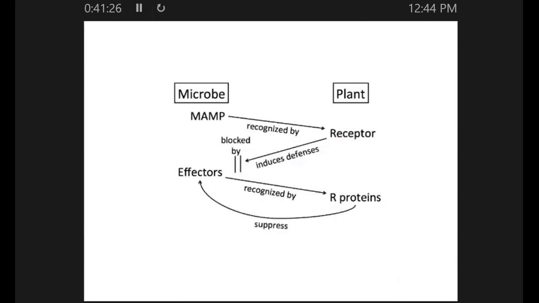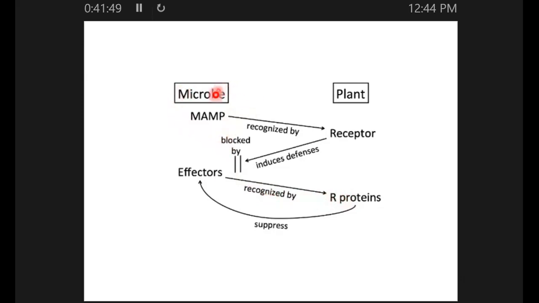This isn't from your book, but I thought I'd put it in there anyways. It kind of gets at the same idea. So if this sketch makes sense to your brain, go ahead and use it. But it's basically saying what we just talked about from the previous picture, where you're looking at the effectors interacting with the R proteins inside the cell.